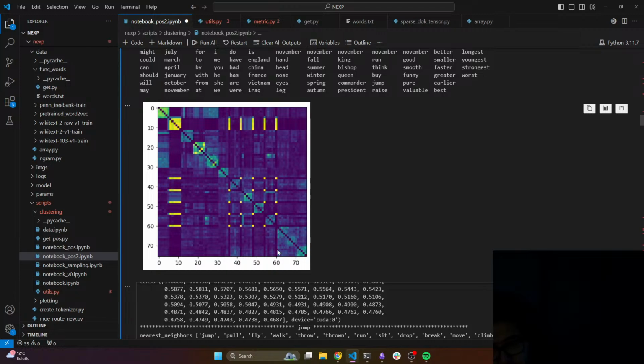But again, there's a bigger block, and within a bigger block there are smaller blocks. So case closed. There is a hierarchy between similarities.